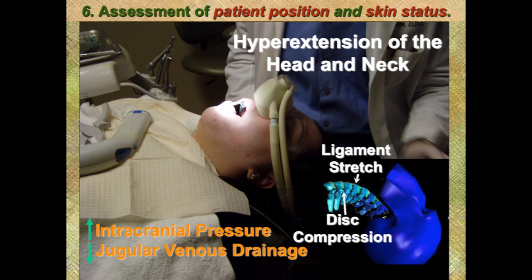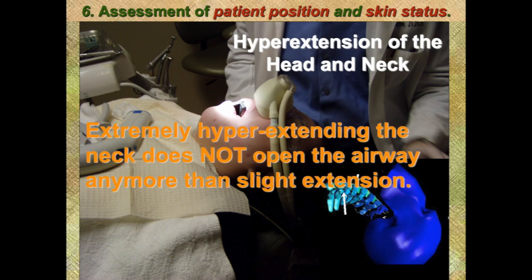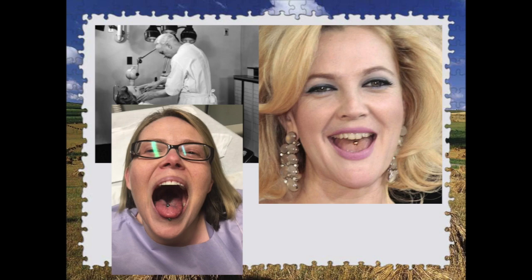And then we don't want to hyperextend their neck, because it can cause really painful trauma to the neck if we stretch their ligaments or compress their discs to try and open their airway. We don't want to do that. So we want to slightly open them and make sure that they're in that sniffing position. If they've got any tongue jewelry in, we want it out before we even start.